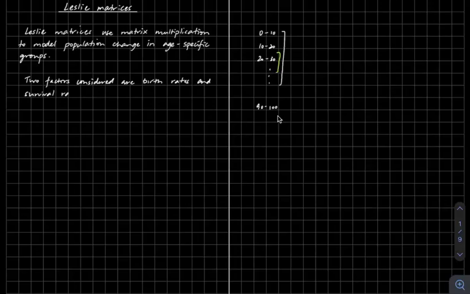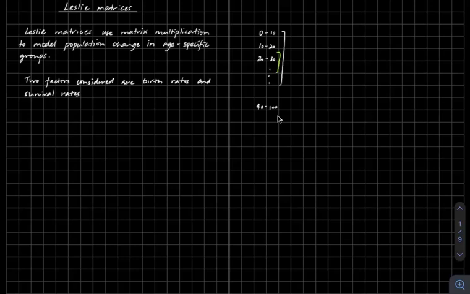And sometimes survival rates can be expressed in the complementary way, in the negative way, saying death rates. And so then we just need to say that the survival rate in a particular age group is just 1 minus the death rate, or 100% minus the percentage death rate.